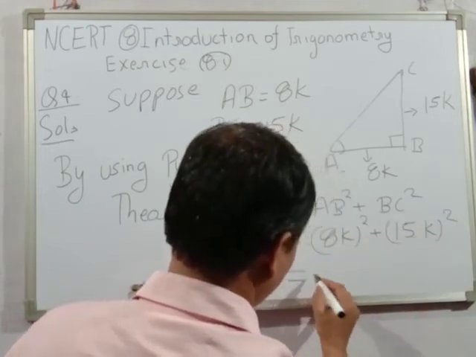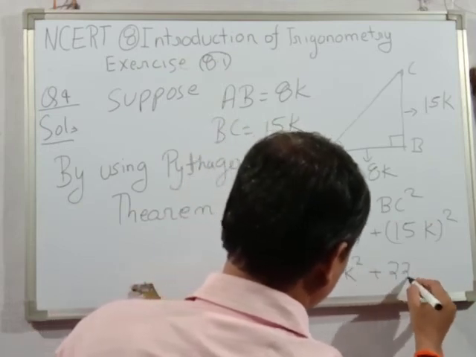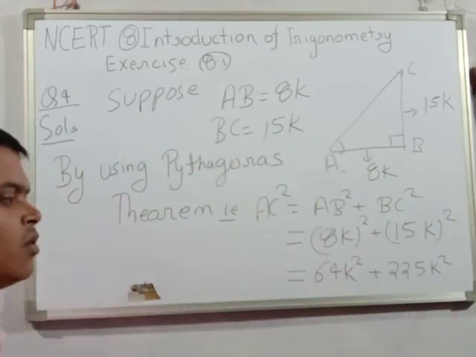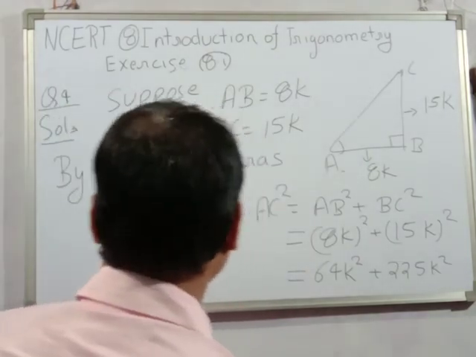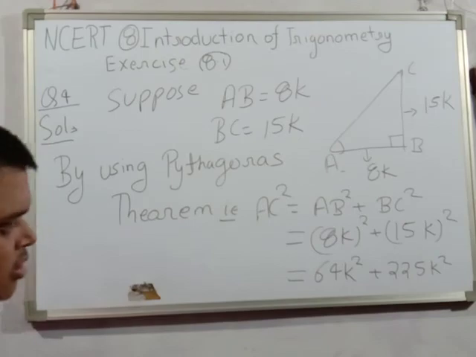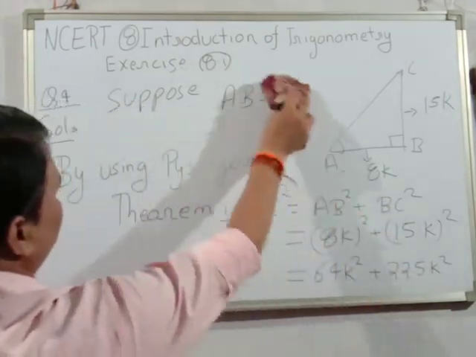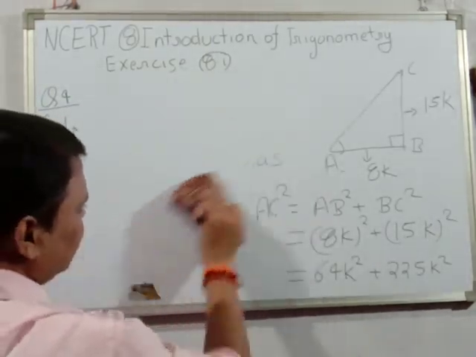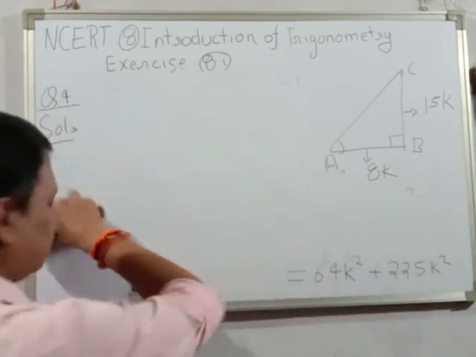This is 64k square, this is 225k square. Square of 15 is 225. On adding we will get 289.